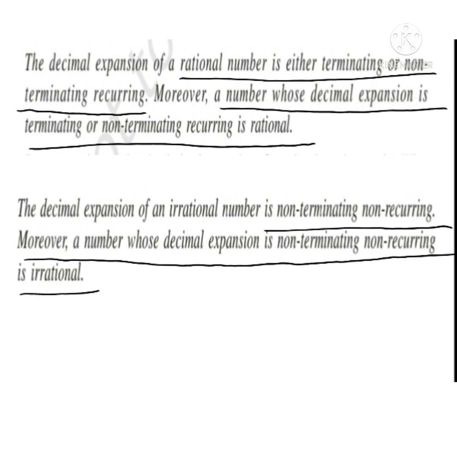Hence we find that the decimal expansion of a rational number is either terminating or non-terminating recurring. Moreover, a number whose decimal expansion is terminating or non-terminating recurring is rational. The decimal expansion of an irrational number is non-terminating, non-recurring. A number whose decimal expansion is non-terminating, non-recurring is an irrational number.